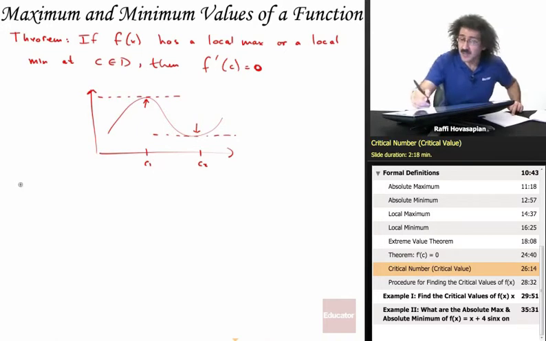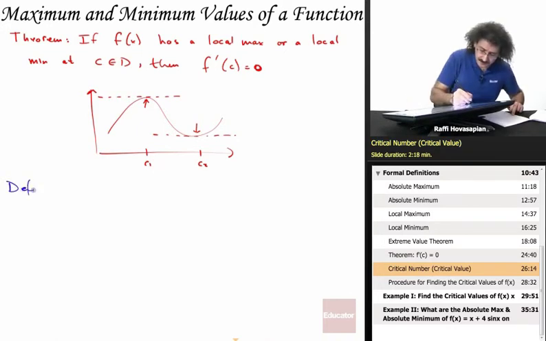Okay, so now let's go ahead and give a definition. Definition, something called a critical number or a critical value.